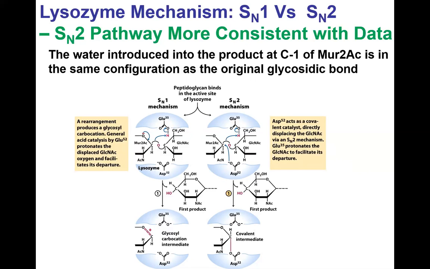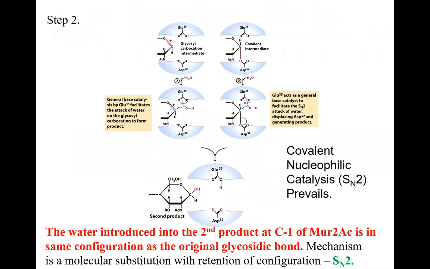How? It turns out that aspartate 52 acts as a nucleophile, that carboxylate O minus attacks. This leaving group leaves with the general acid assistance, you form the first product, right? But you have this covalent intermediate, just like covalent intermediate you saw in chymotrypsin. In chymotrypsin, you saw with the serine 195, here you are seeing with aspartate 52 carboxylate. Then what happens?